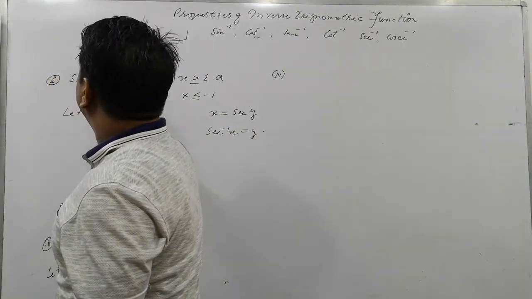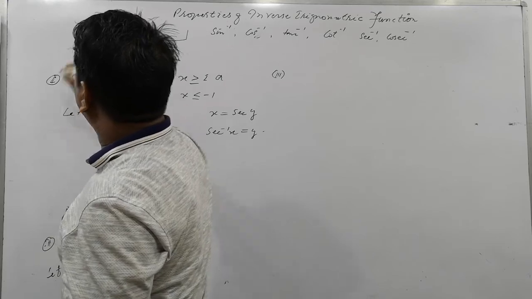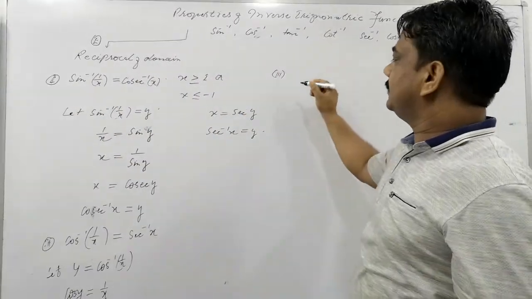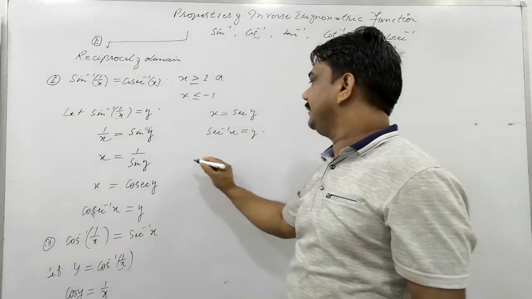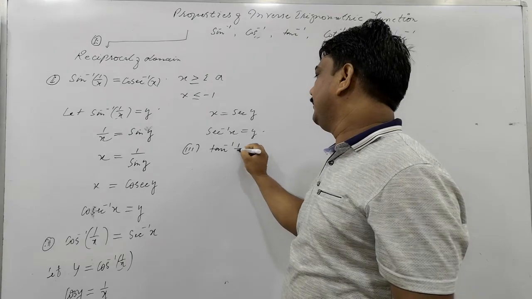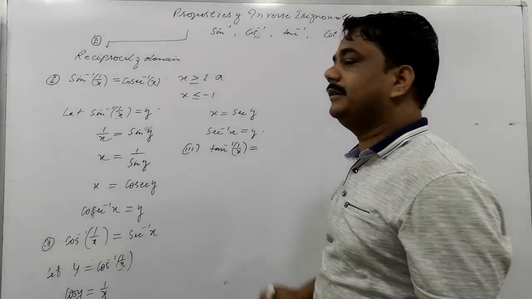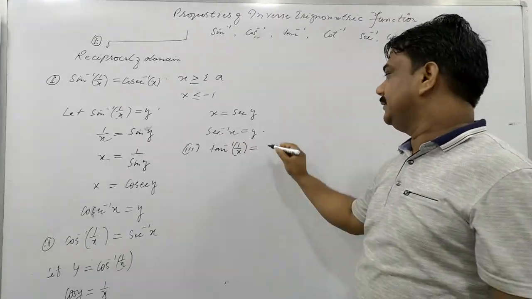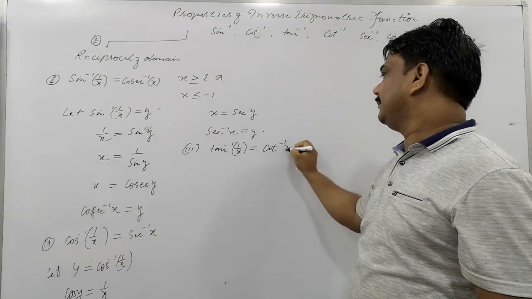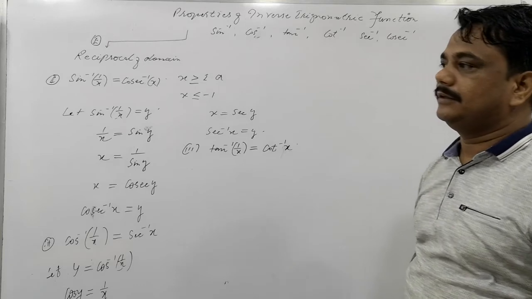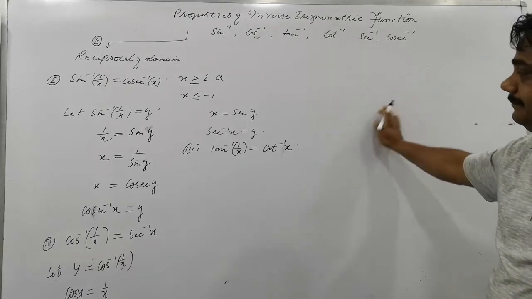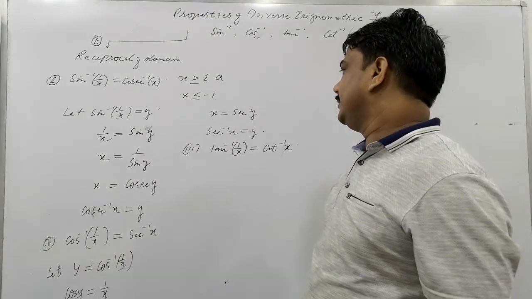This is the first property we are studying, the reciprocal of domain. It works for the third also. For the tan inverse function, if the domain is reciprocalized, then cot inverse will come, meaning the function is also reciprocalized. You have to check this by yourself.